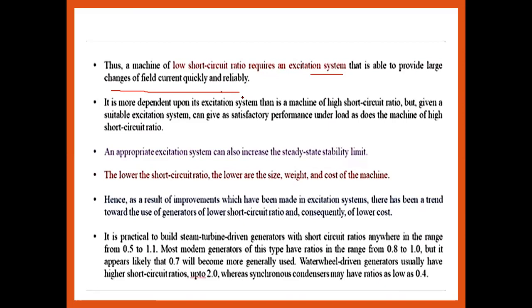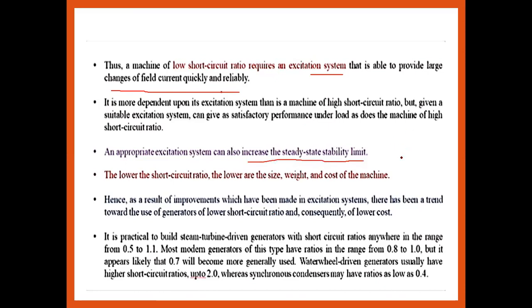Thus, the lower the short circuit ratio, the more the excitation system is required, so that it provides the change of field current equally, quickly and reliably. Okay, so the appropriate excitation system can also increase the steady state stability limit.